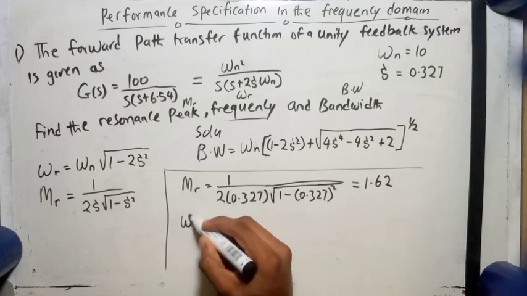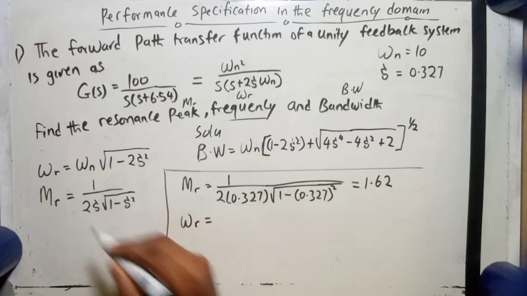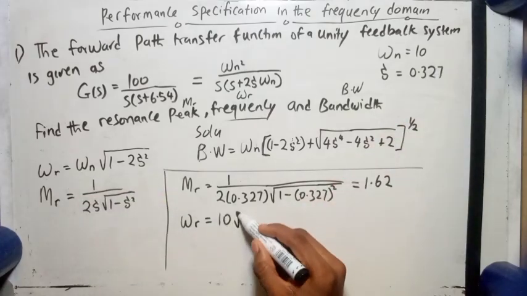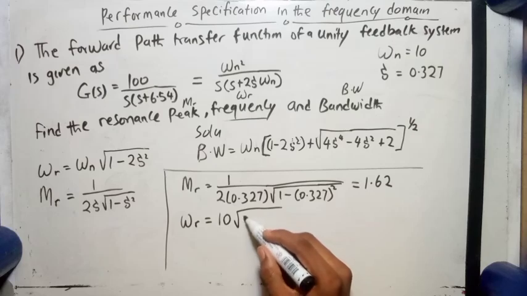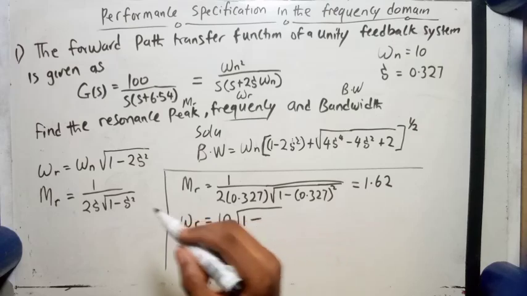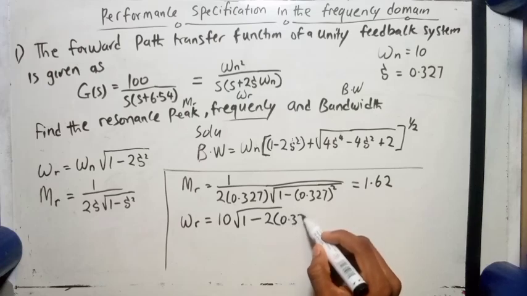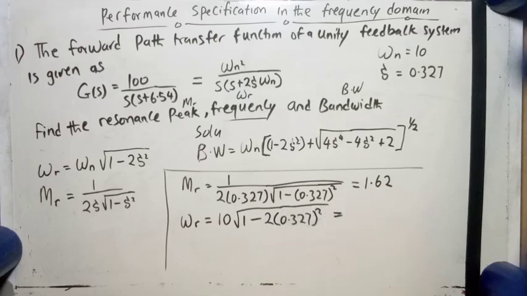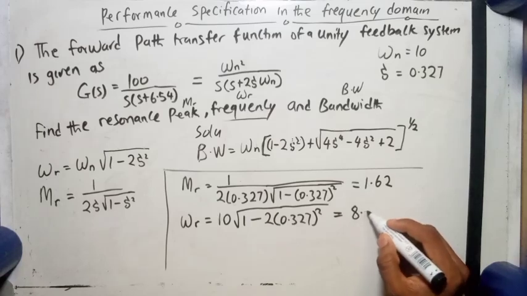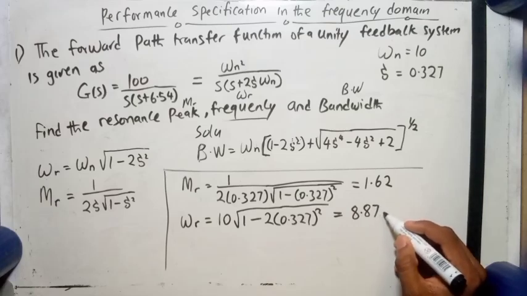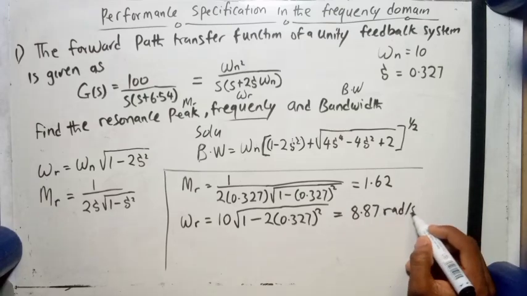Going over to Wr, on the other hand, using this formula, what's our Wn? 10. Then square root of 1 minus 2 zeta squared. We are now having our answer to be 8.87 approximately rad per second.